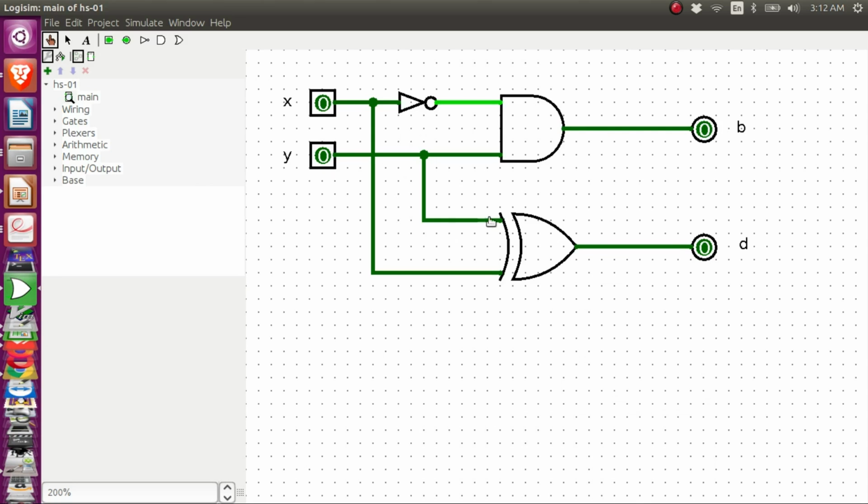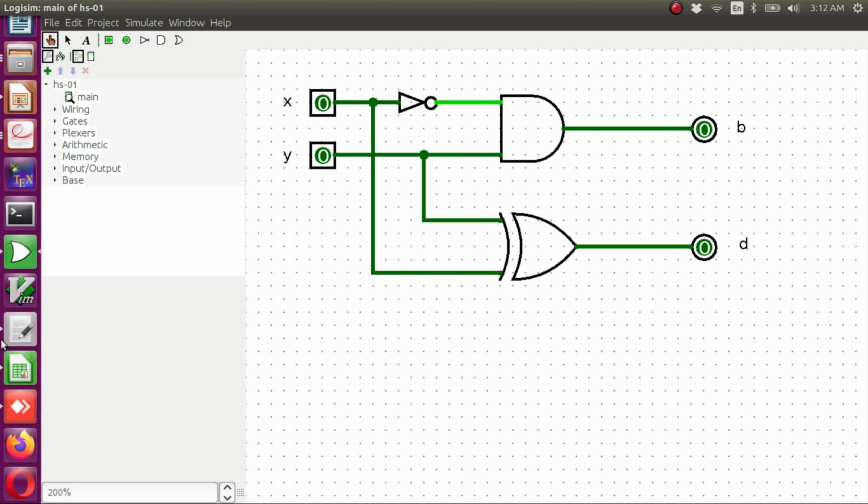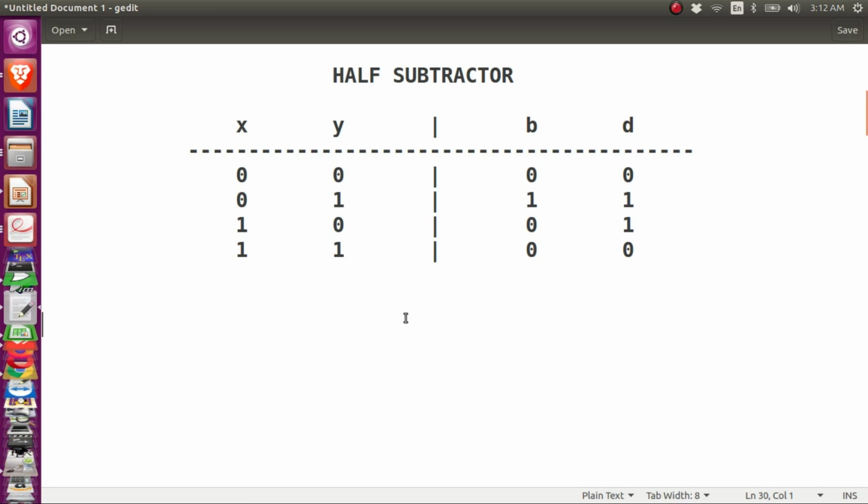In this logic circuit, as you can see, I have two inputs x, y, and two outputs borrow and difference. Let us verify that this logic circuit in fact implements the truth table that I have shown here.